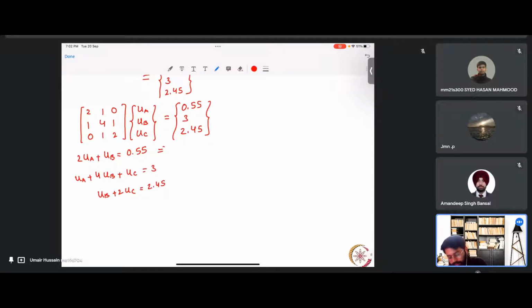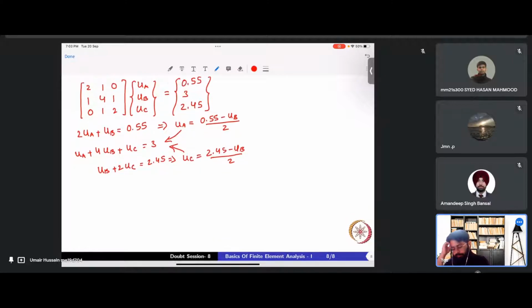So from here we can write ua is 0.55 minus ub over 2, and here also you can write the same for uc, 2.45 minus ub over 2, and we can substitute these two values in this equation.